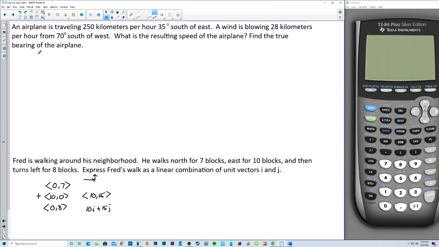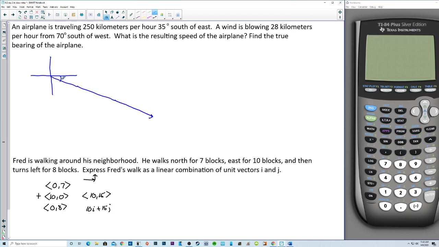I thought this one I could go through a little bit slower. An airplane is traveling 250 kilometers per hour, 35 degrees south of east. Let's get the plane. So 35 degrees on the south side of east. All right, let's draw the plane like this.